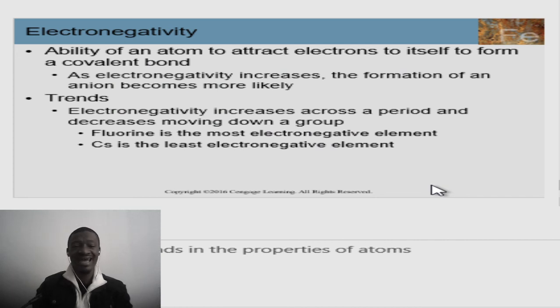We say this is the intrinsic ability of an atom to attract electrons to itself to form a covalent bond. Notice that we talk about electronegativity with covalent bonds, because remember, I told us that ionic bonds are formed between metals and non-metals. Covalent bonds are basically formed with non-metals.